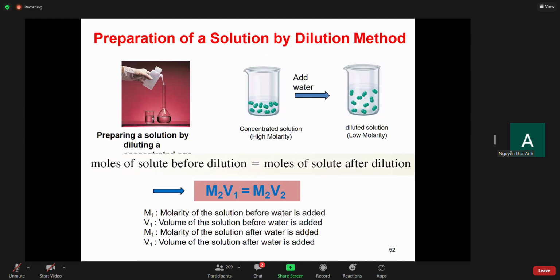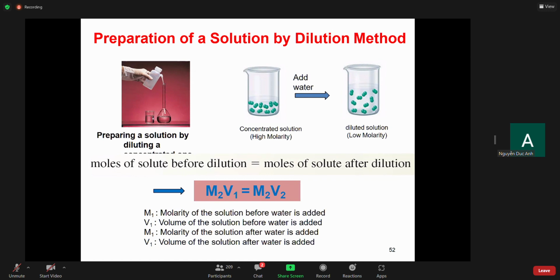So preparing a solution by the diluting method is a process where you prepare a solution by adding some water. A concentrated solution, a high-concentration solution, after you add water becomes a diluted solution, with low concentration or low molarity.